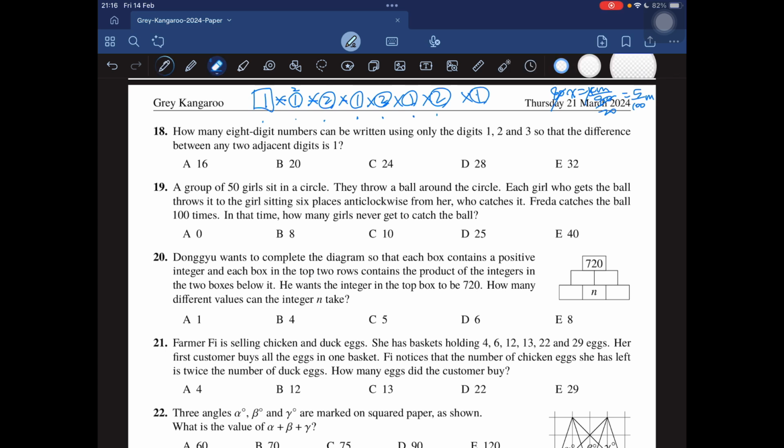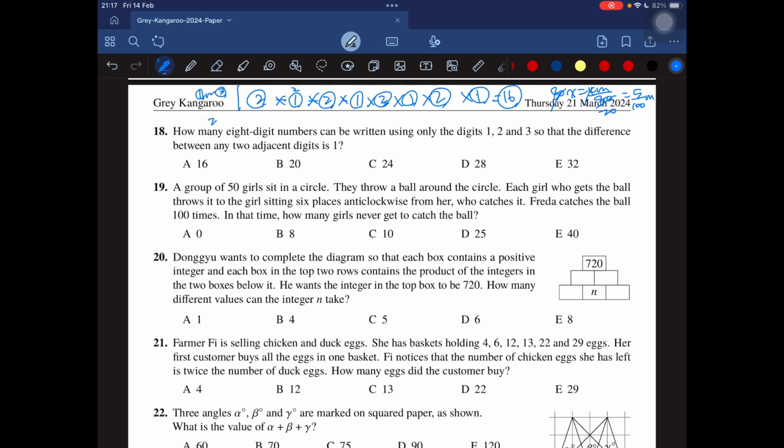But the first number, because I just assumed that it was 1, but when it was 3 it is still the same. So let's make it times 2 just to calculate the numbers. So 1, 2, 3, 4. So this is 16. So this is when the starting digit was 1 or 3.